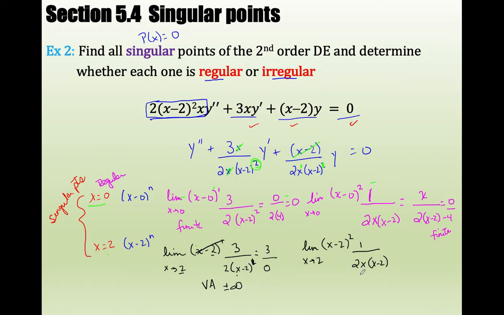And again, I don't really care what happens over here, although I think you can see that the same thing would happen, because once I got a not finite limit, I know this must be an irregular point. Okay, so the limit work verifies what that shortcut does, but please feel free to use the shortcut.